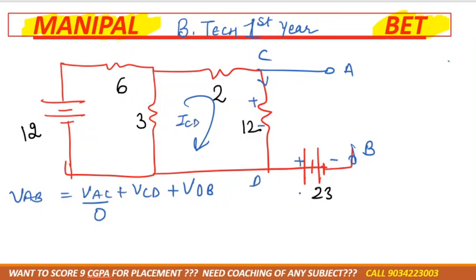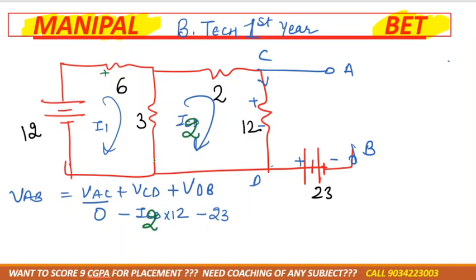Then the battery also we consider. So you have to take the second line. So it would be like minus I C 12. Then the second is minus 23. Okay. Now by using mesh analysis, the variable, let us consider it as I2 only.